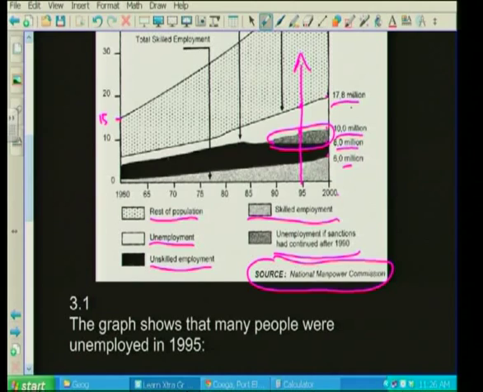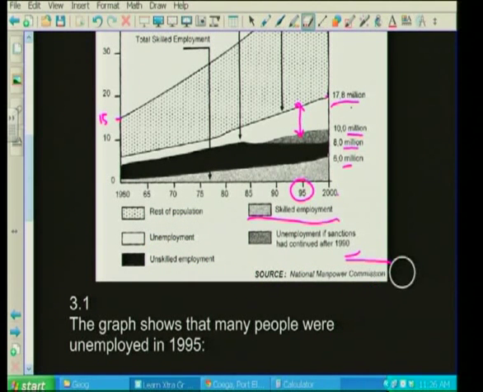That is not the widest part of the graph between the one area and the other area, right? So they're talking about this sort of area of the graph shows us how many people were unemployed in the population in a particular year. In this case, we're talking about 1995, right?